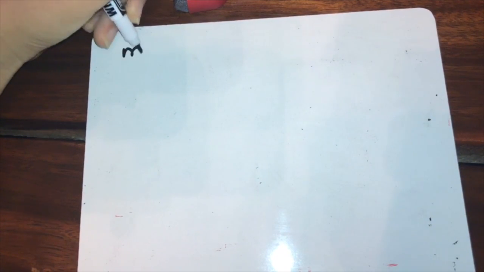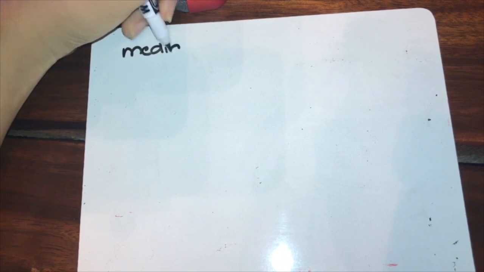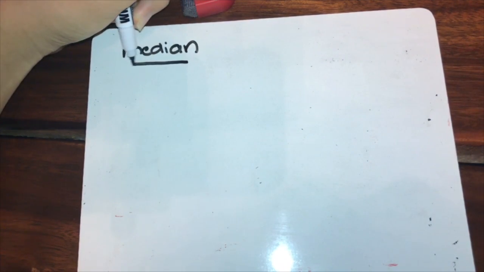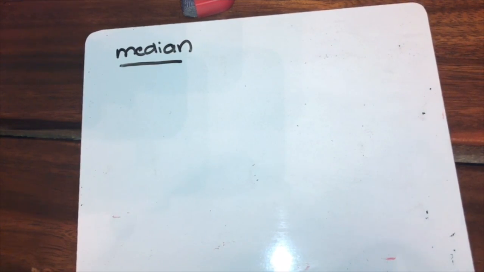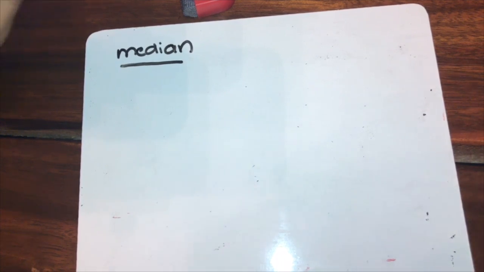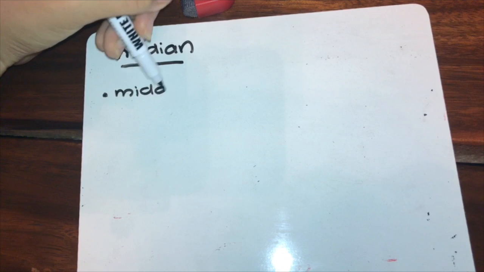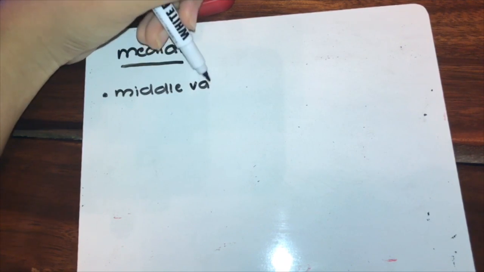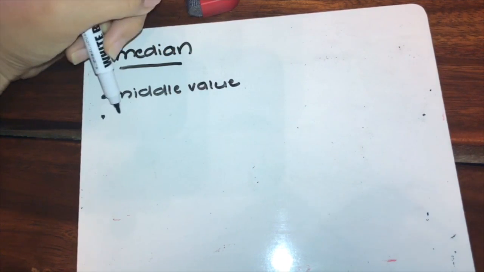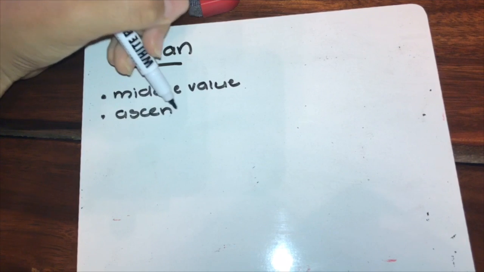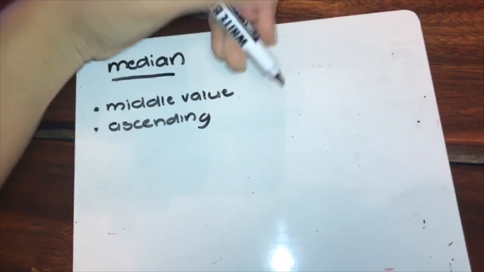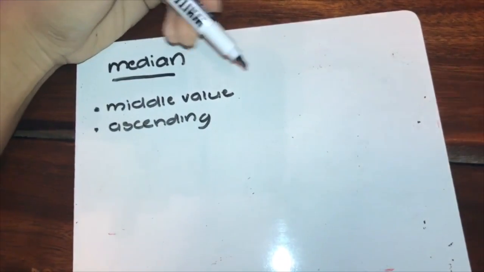Next, we're gonna try and find what the median is. The median is the middle value when the data is written in ascending order. Ascending order means from lowest to highest, going up.